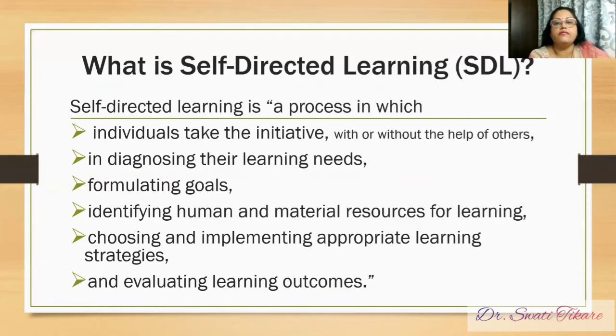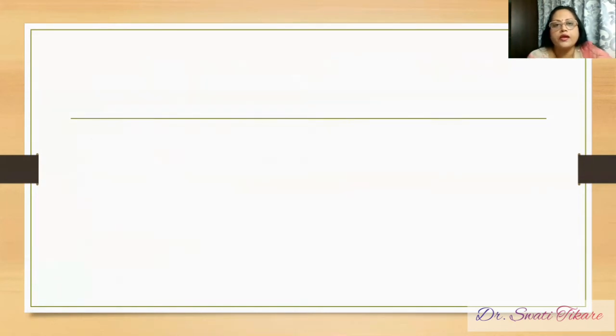Once they evaluate, they find out what is done, what is not done, and what more needs to be done, and that again becomes a new goal. So the cycle keeps repeating, and the person becomes self-directed and self-motivated, rather than an external source directing what is required for his learning.